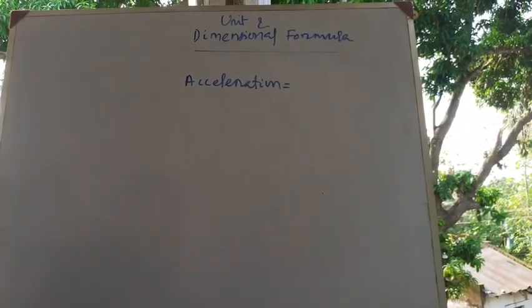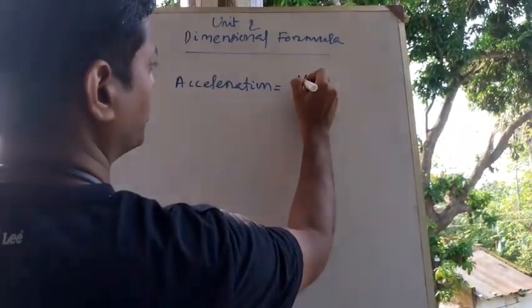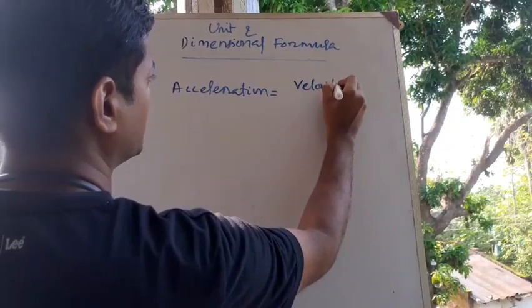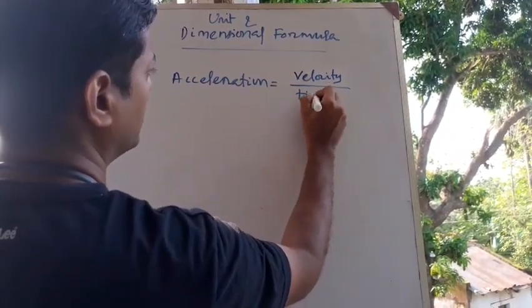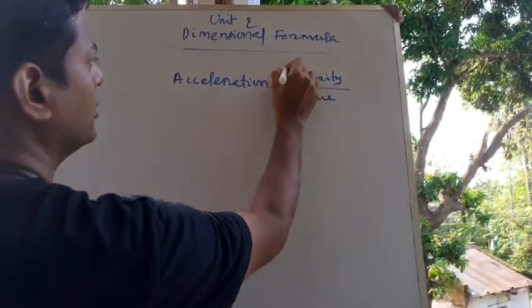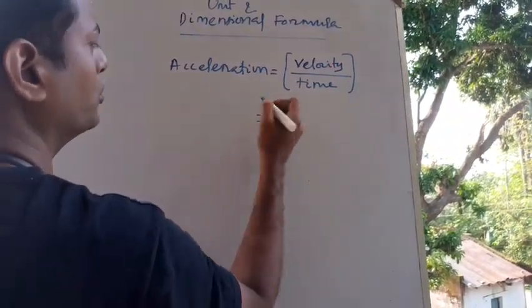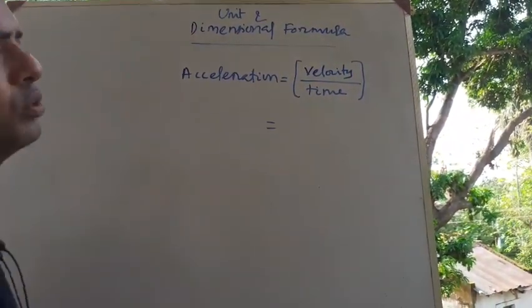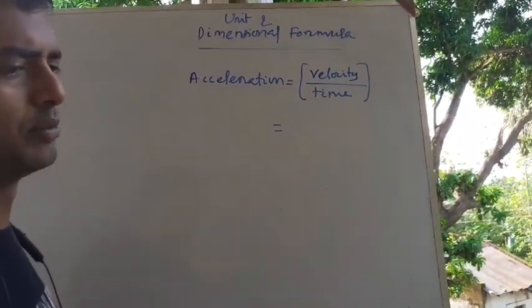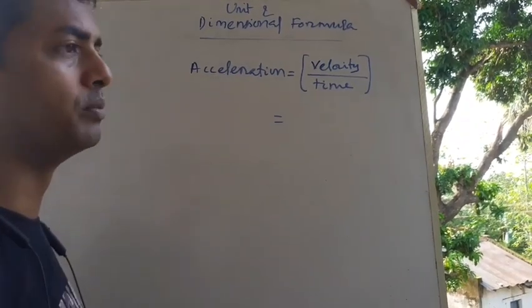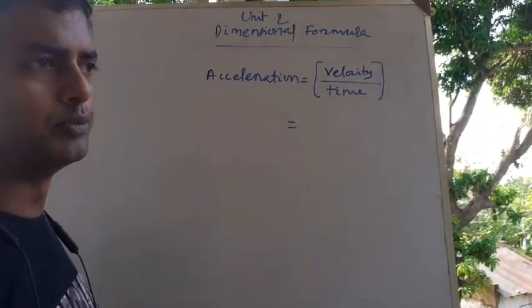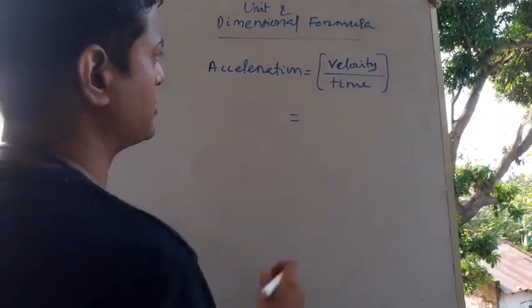Now I will define acceleration. Acceleration, you know, is change in velocity with respect to time, or rate of change of velocity. Suppose you don't know the dimensional formula of velocity. The only thing you need to remember is the formula. If you know the formula, you can write the unit and dimensional formula.